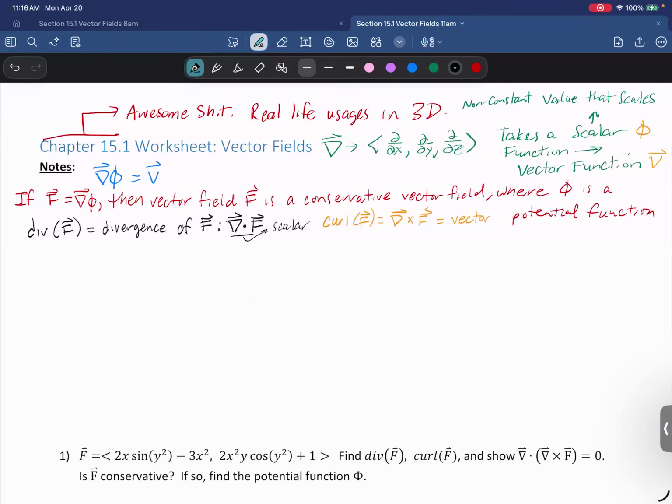Curl of F is a useful thing. If the curl of F equals 0, then F is a conservative vector field, which means we can apply the whole F equals the gradient of phi.